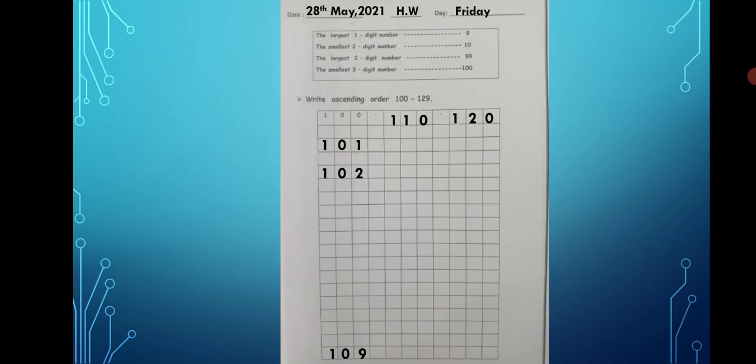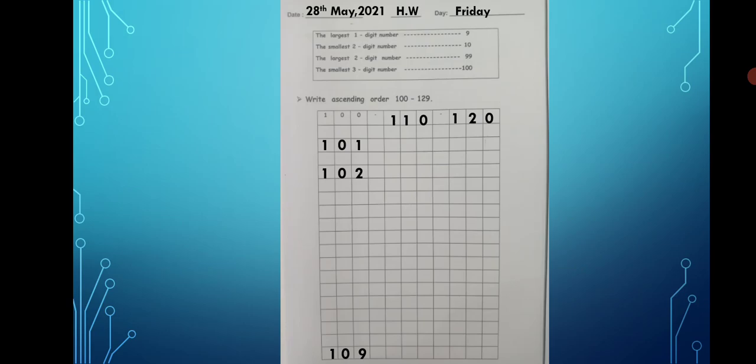Now ready the homework page. Write date and day. Write in the right ascending order 100 to 129. So 100 is given. You will write 101, then 102, 103, 104, 105.